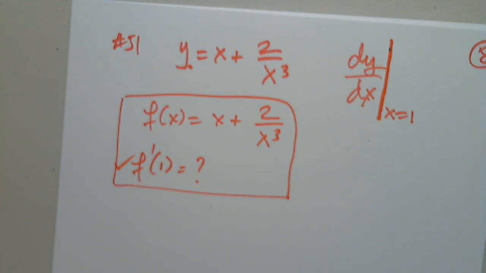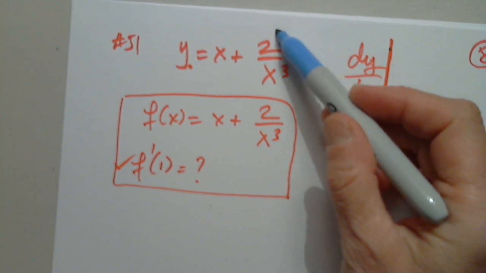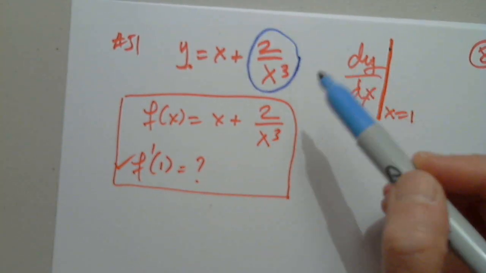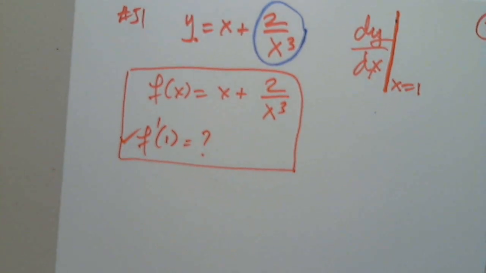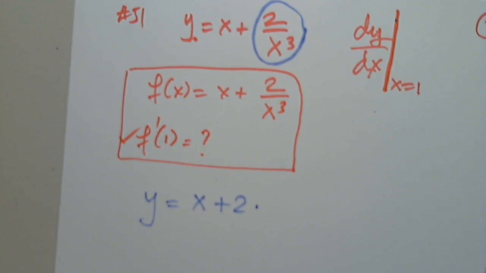Okay, now this has to be changed into something nice that I can differentiate. Can anyone tell us how to change that? X plus 2 times what?